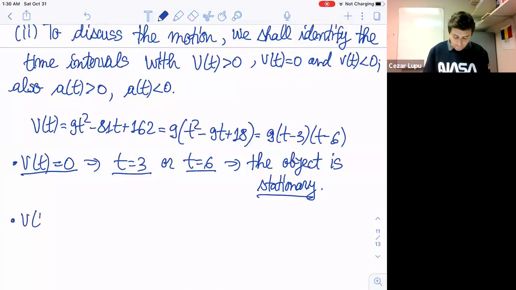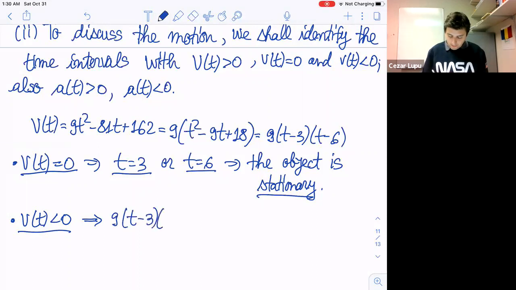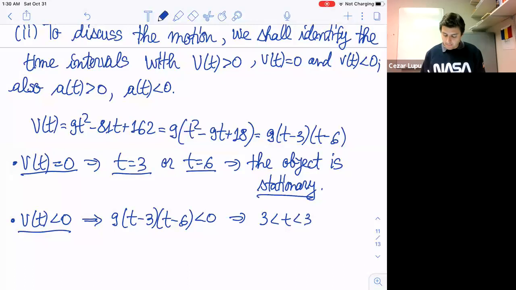When v of t is less than 0, this implies that 9 times t minus 3 times t minus 6 is less than 0. And this is equivalent to t minus 3 times t minus 6 being less than 0. So this will imply that t is between 3 and 6, the open interval 3, 6.